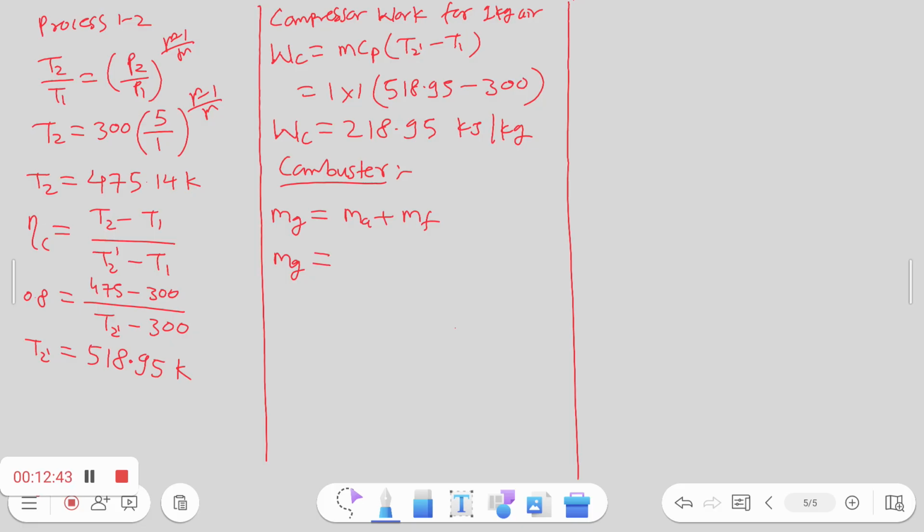mg is equal to, take mass of air common, or mass of fuel common, plus 1.